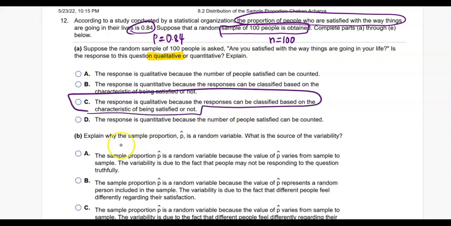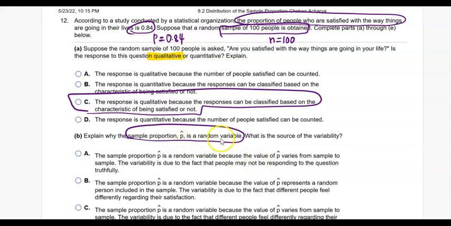Part B. Why is the sample proportion p hat a random variable? What is the source of variability? So sample proportion is a random variable because sample proportion varies from sample to sample.